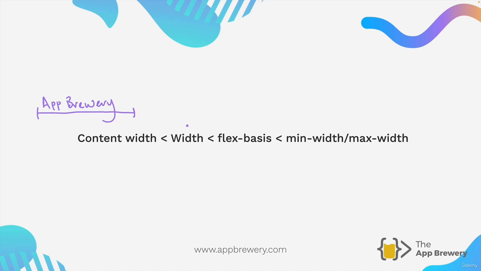If, however, you have a width property set, then it's going to look at that instead of the content width. So instead of everything being all on one line, it's going to look at, well, what is the width that you've set? So if we said it's going to be 100 pixels, then it's going to try and make it 100 pixels wide until you have shrunken the container where it can no longer fit everything as 100 pixels. Then it starts shrinking the box.